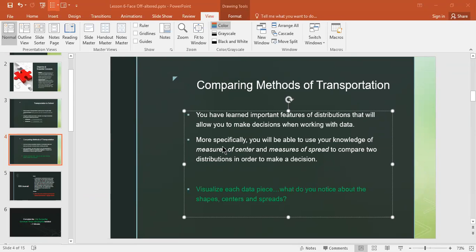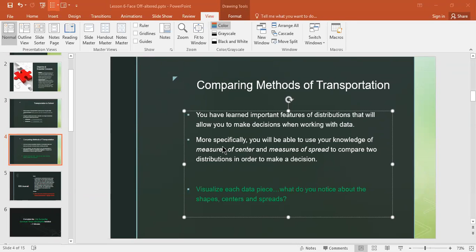So our two measures of center that we've talked about so far, well said by Alexander, Janelle, and Maddie in the chat, are the median and the mean. They're found different ways. The mean is an average of all of our data points. The median is literally the middle point.